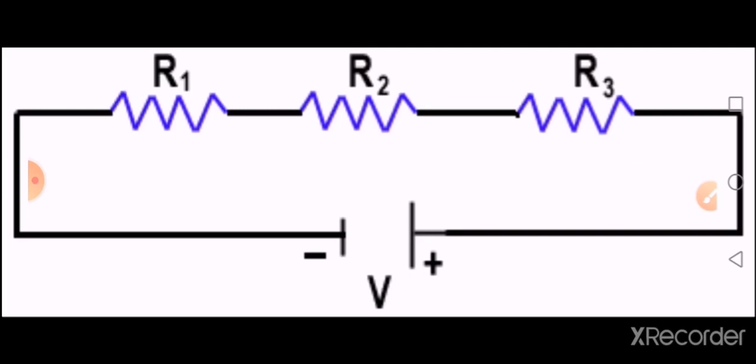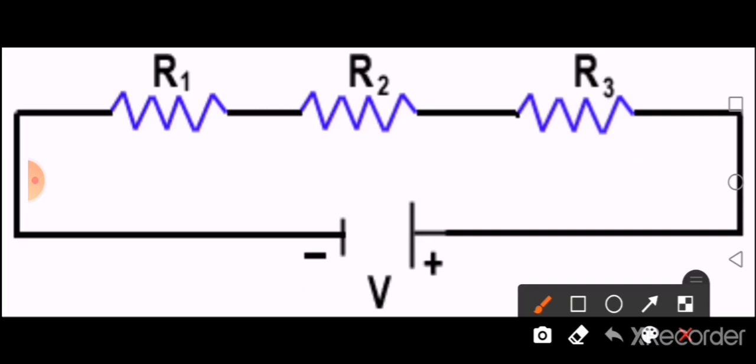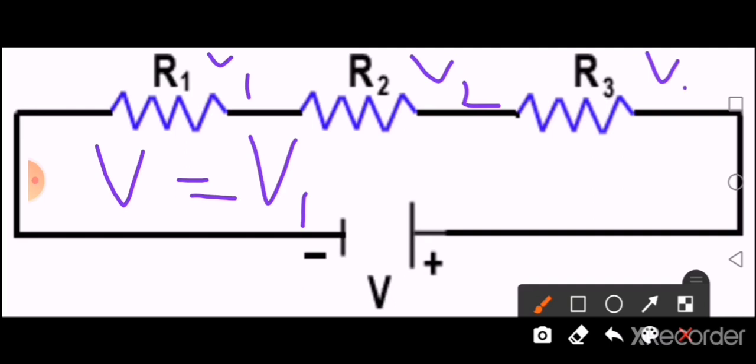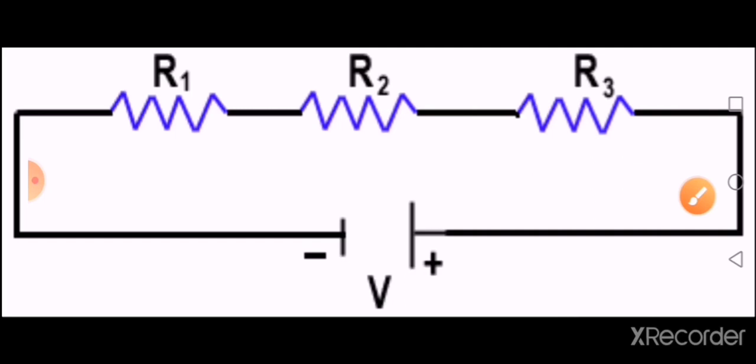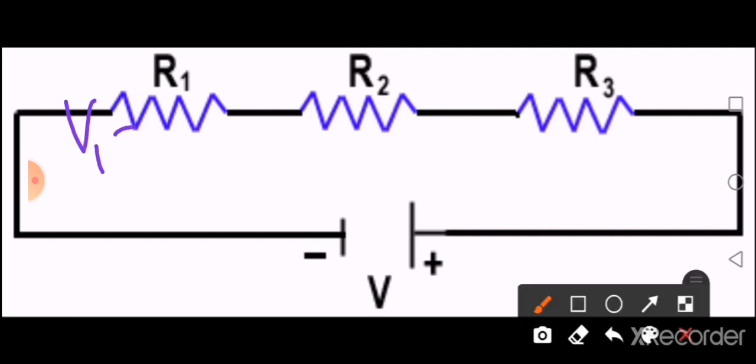Now, for the derivation, we have said that the potential difference is different. So let the first potential difference be V1, here V2 and here V3. So the total potential difference will be V1 plus V2 plus V3. Now when you apply Ohm's law, V1 is equal to I R1, because I is the same everywhere.